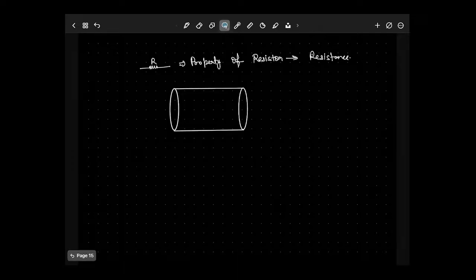Look, suppose this is a conductor in which electrons are moving due to some potential difference. Potential difference or EMF is basically an electrical action which promotes the flow of charge.